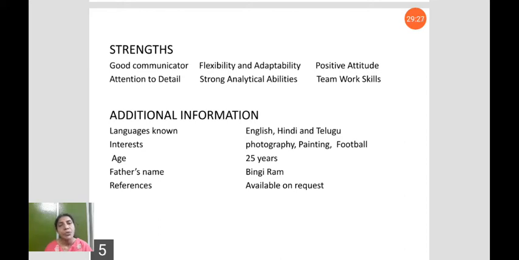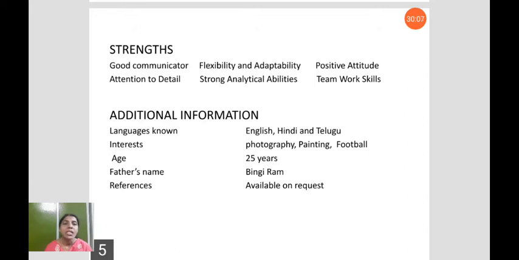Only you should write the references in detail, the name of the persons, their positions, okay, and their phone numbers in detail when the employer mentions the references in the advertisement. If he mentions particularly about the references in the advertisement, then you need to write everything. Otherwise, in the references, available on request is enough.